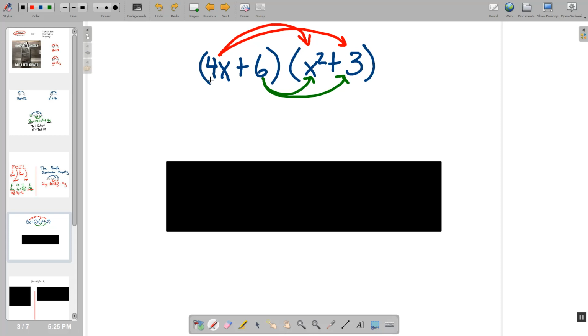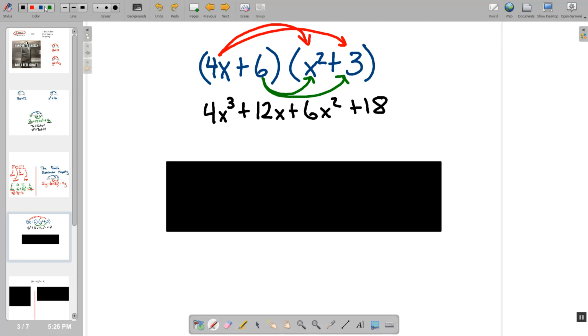I get 4x times x squared is 4x cubed. We covered that in the last video. 4x times 3 is 12x, positive. 6 times x squared is positive 6x squared. And 6 times 3 is positive 18. And that is our answer.